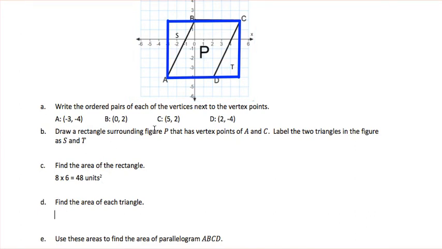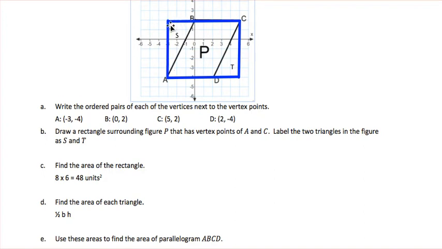And then the area of each triangle. The area of a triangle is 1/2 times base times height. And the base and the height have to be perpendicular to each other. So when we look at triangle S, it doesn't really matter which one we call the base and which one we call the height. These two sides are perpendicular to each other.